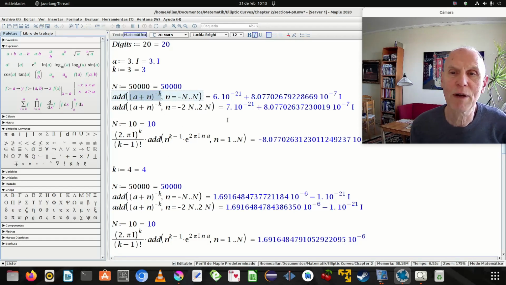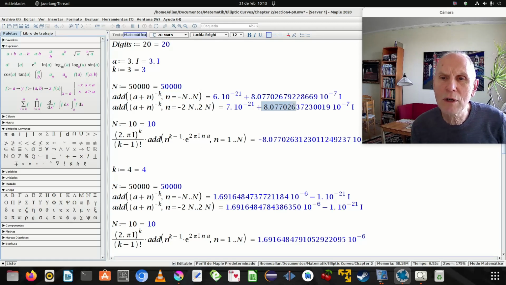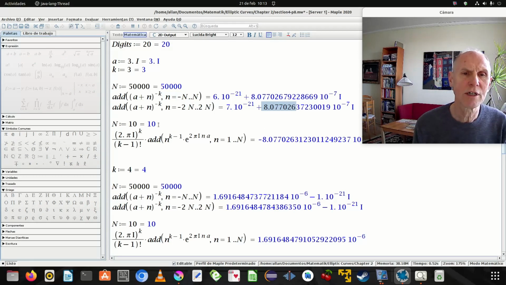Of the inverse powers, translated A, and we get an imaginary number up to like 7 significant digits. And then we compute the right hand side after the formula in the book.